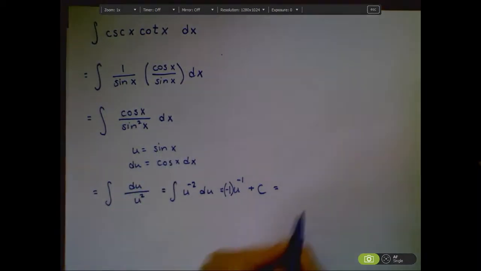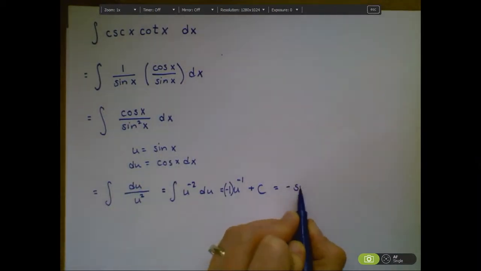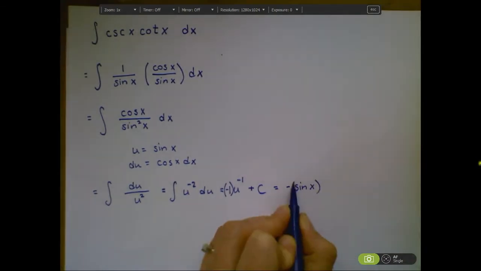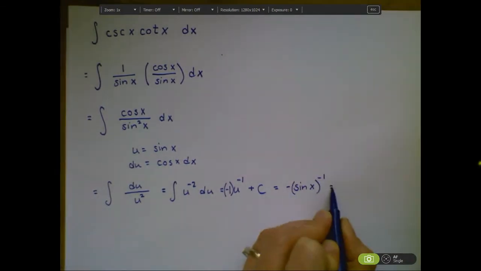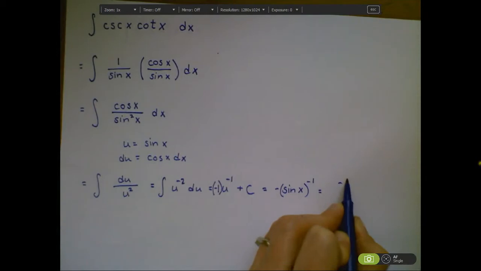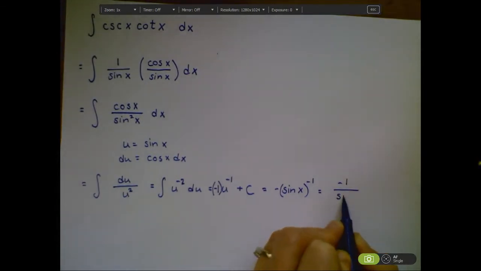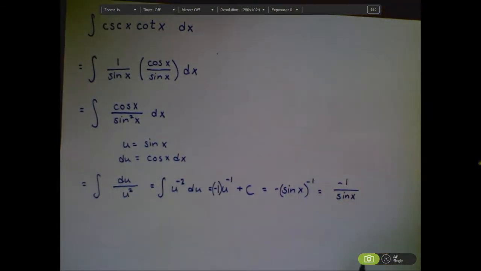U was sine of x, so this is negative sine of x all raised to the negative 1 power. Or I could rewrite that as negative 1 divided by sine of x. That's what it means to be raised to the negative 1 power. It's the multiplicative reciprocal. Or, as the book writes it, this is negative cosecant of x.